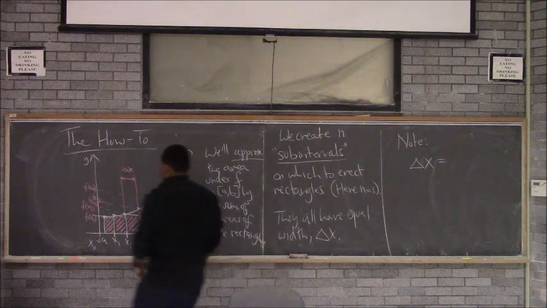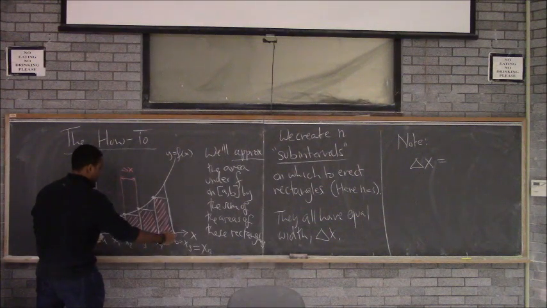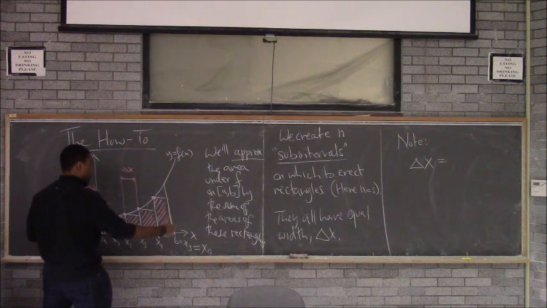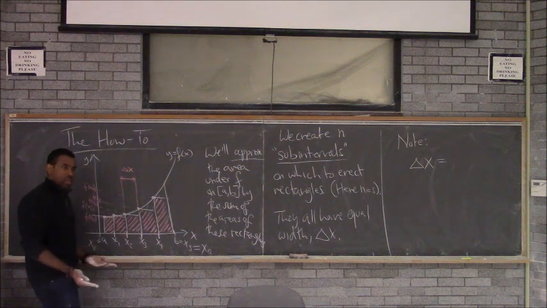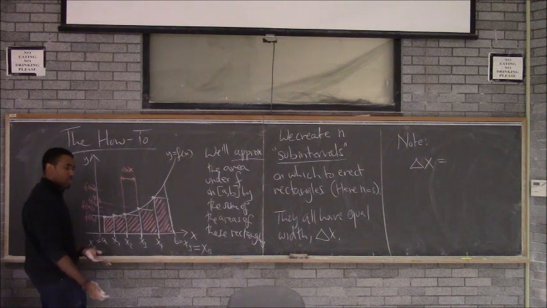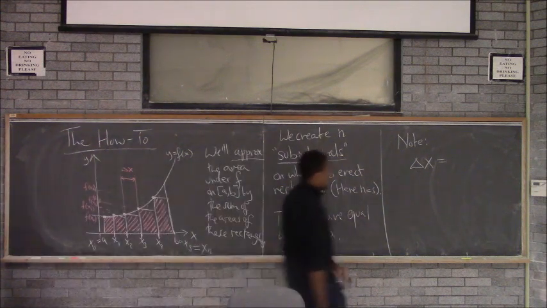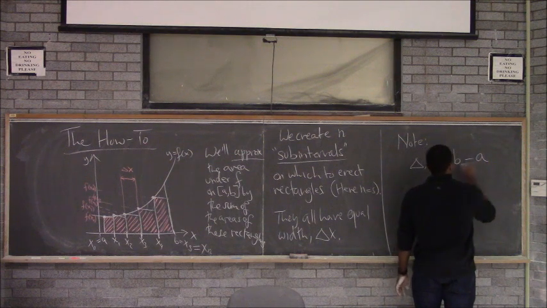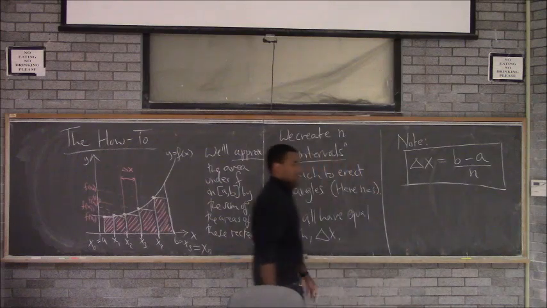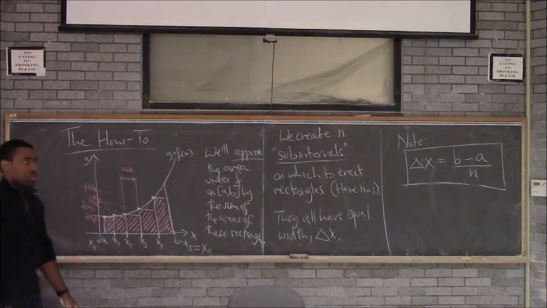Well, if I'm looking at n rectangles, I would want to split up the interval AB into n equal lengths, right? So how do I do that? If I want to know the width of each one, I take the length of the whole thing and divide it into n pieces. What is the length of the whole thing? Well, right minus left, b minus a, that's how you find the horizontal distance. So delta x is actually going to be b minus a all over n. So now I have a nice formula for the width of my rectangles.